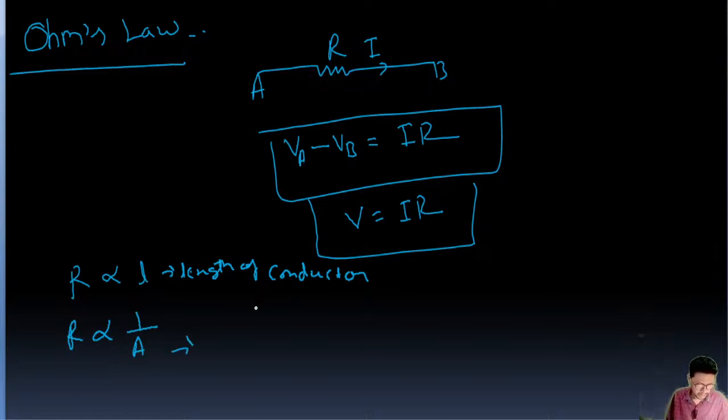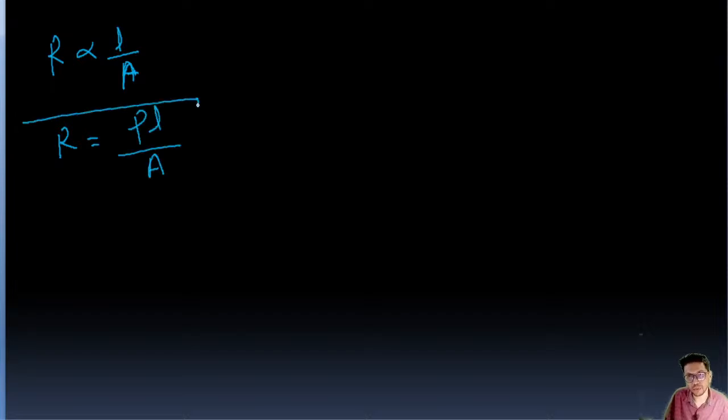A is the cross-sectional area. So R is proportional to L upon A, or R is equal to rho L upon A. Very important formula, you need to know.